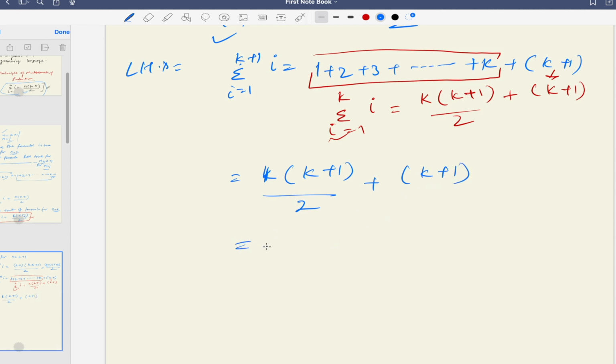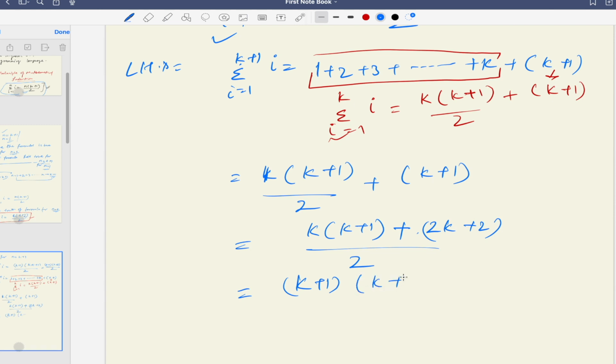So we will take the LCM. What will be the LCM? 2, then k(k plus 1), and then plus 2 multiplied by k plus 1 as well, which gives 2k plus 2, right? So we take the common factor: (k plus 1) is common, and the next term will be (k plus 2), by 2, right? So this is our LHS.